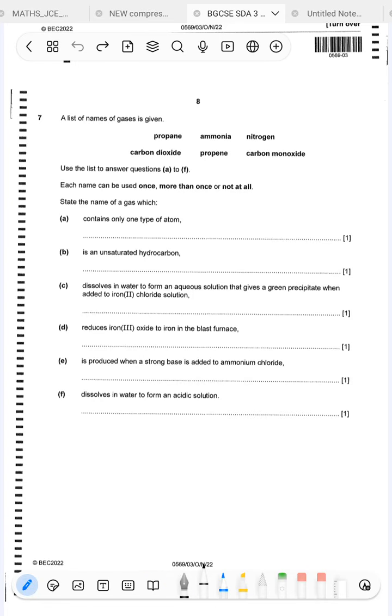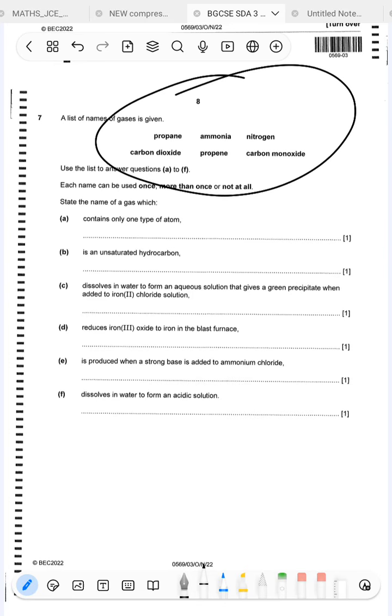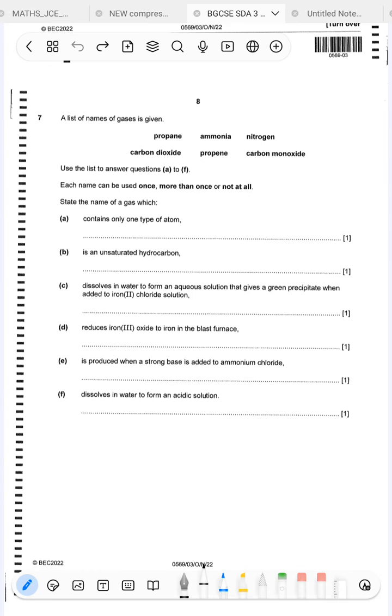Now the first question says a list of names of gases is given. So just remember, this is the structure for most of the paper threads. You are given a group of substances and then you are to use those to answer the following questions. Okay, so you should be familiar with some common compounds in chemistry.